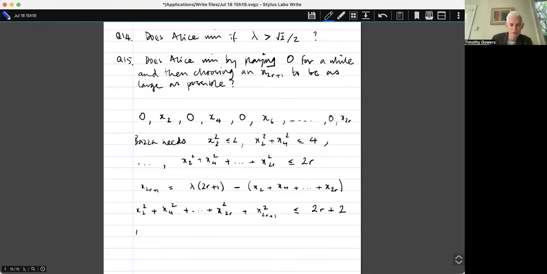I'm going to write that down because that's a rather important point. So replacing all x2k by x2 plus up to x2r over r doesn't alter x2r plus 1. And the only thing I really need to be absolutely sure about is that I'm not going to have a problem with these inequalities here if I do that.